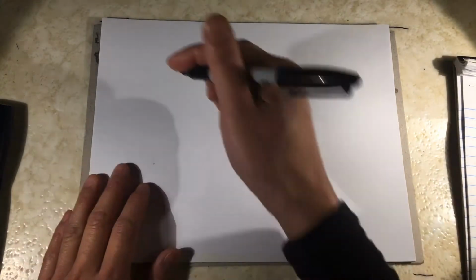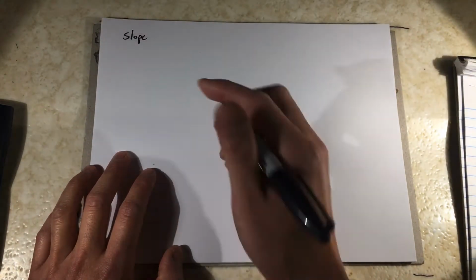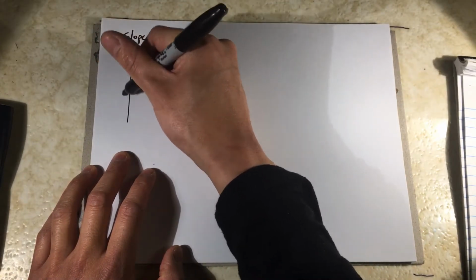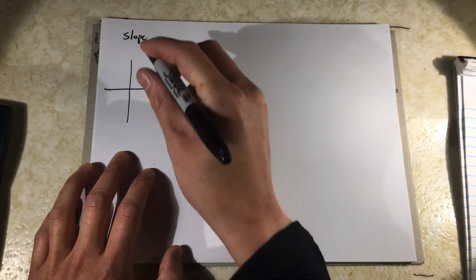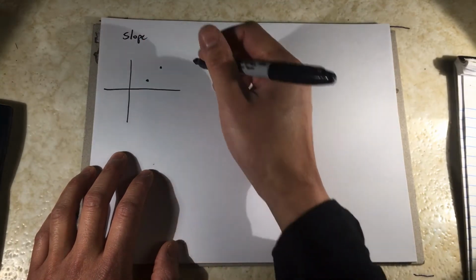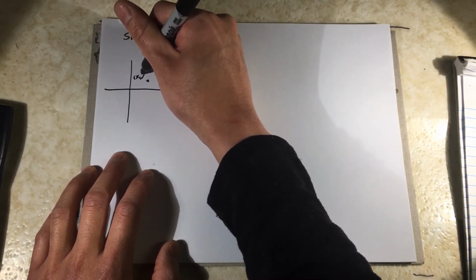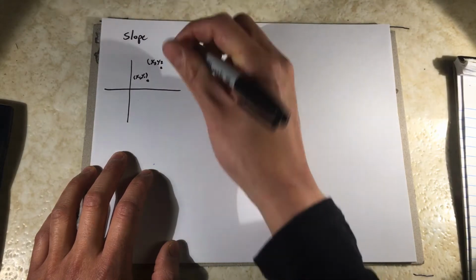So let's first talk about the slope. Okay. So how do you calculate the slope? If you remember, if you have 2 points, you can calculate a slope between those 2 points. So let's say this is point x1, y1, and x2, y2.